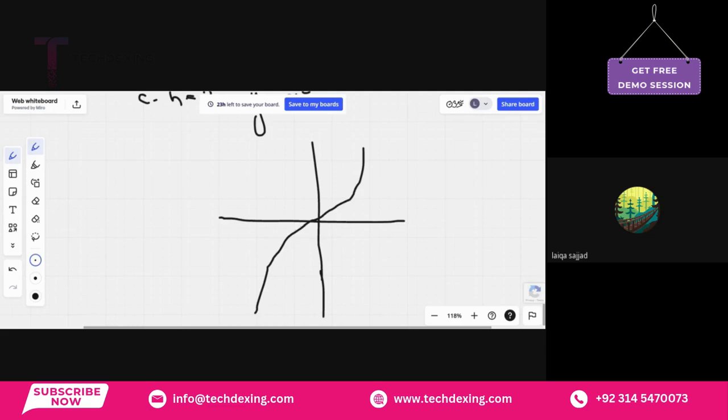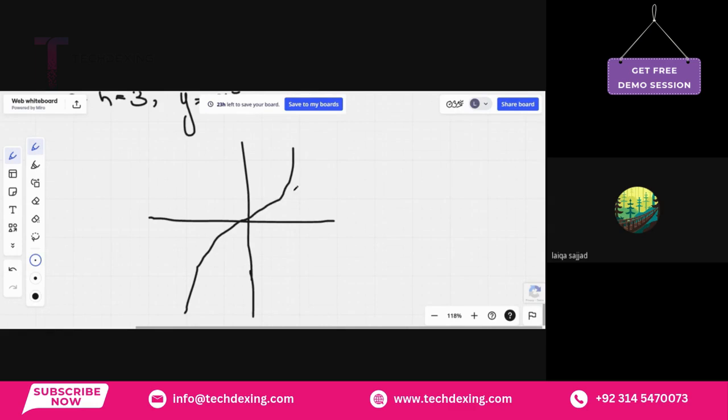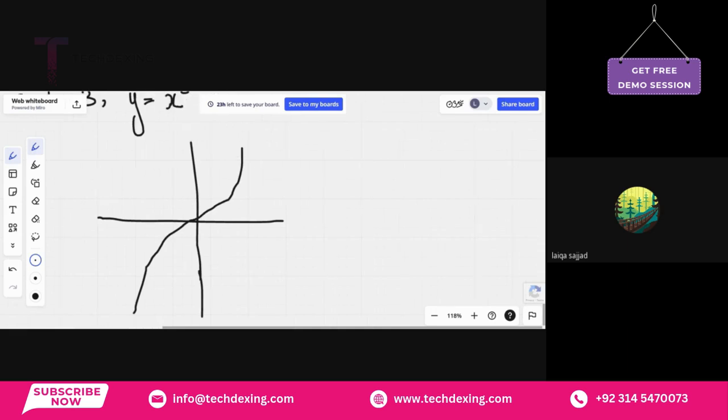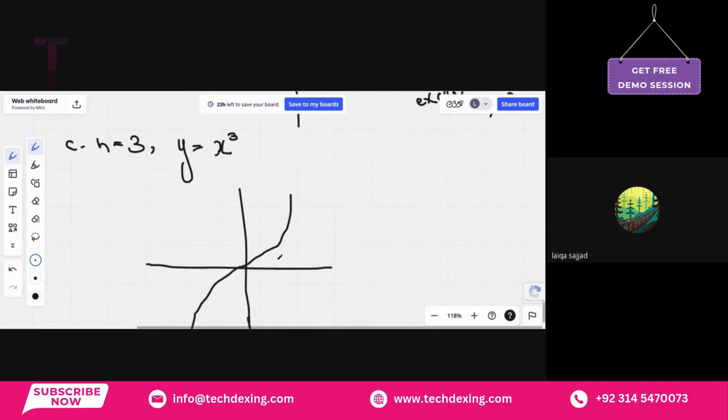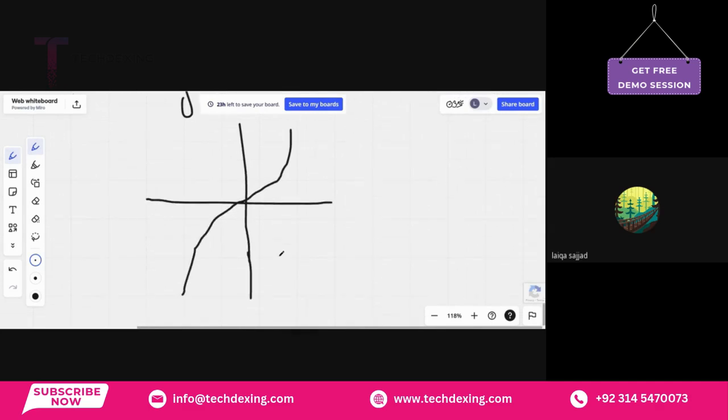After that, we will see there are some other conditions that will affect our graph. It would be either like this or like this, depending on some factors. But right now, generally, if it is simply y equals x cubed, the graph would be something like this.